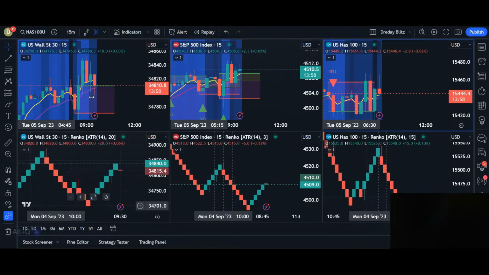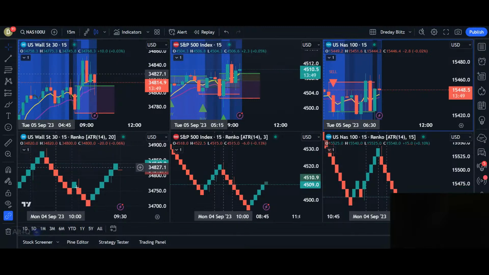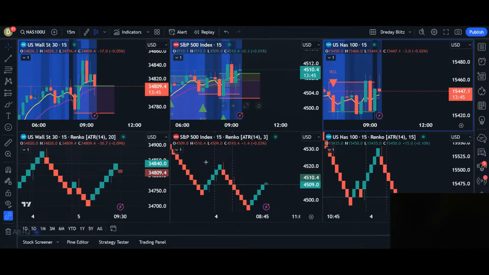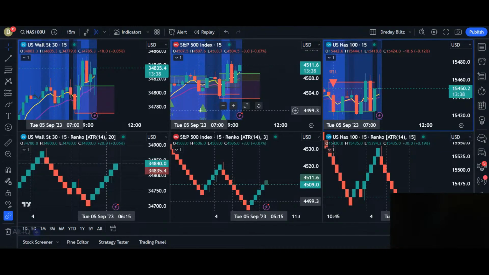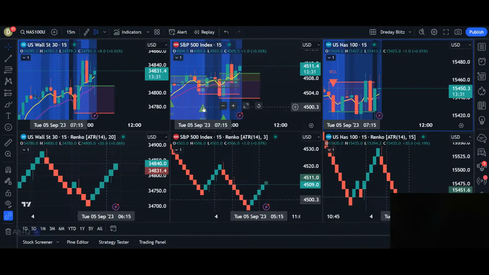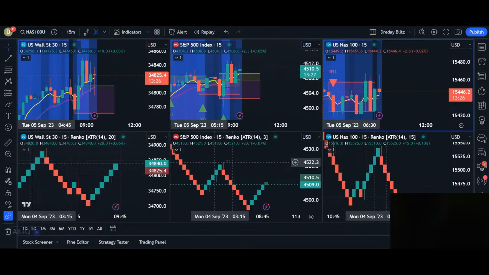For extra confluence, I use the Renko bars, and the Renko bars tell me exactly where the actual trend is going after the signal comes in. If we look at this signal here, this signal was a buy, and as you can see, the Renko was aligning with the signal, and my exit point is the next swing.